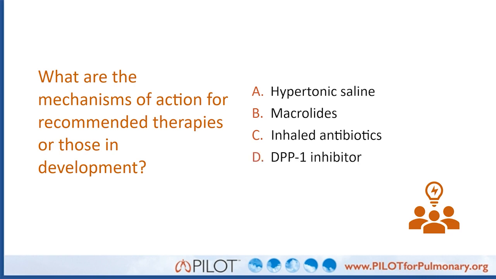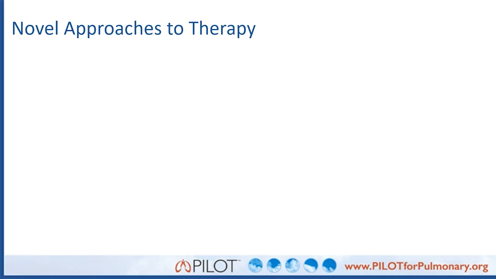And then there are the DPP-1 inhibitors that I think are worthy of conversation. This is a novel product that's in development that has some intriguing approach to finally get us something that can address the inflammation in our patients. There are some other novel approaches to therapy which are under investigation, including trying to have even better mucociliary clearance.